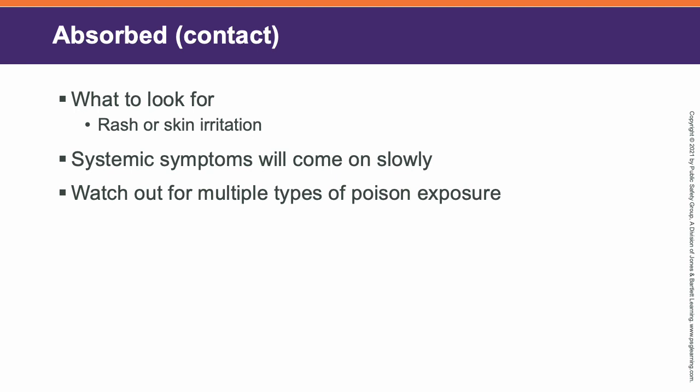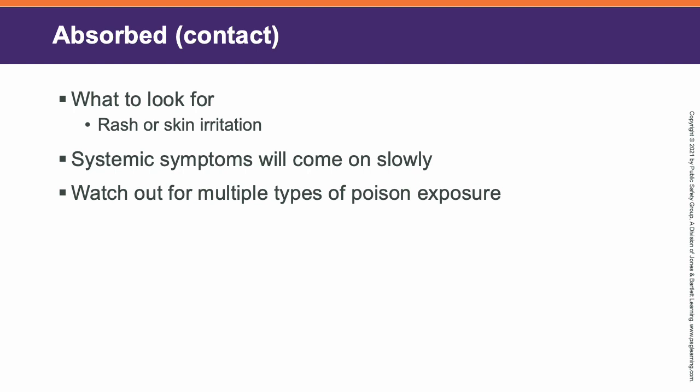But it takes a while to start to cause those full body systemic symptoms. If somebody came in contact with a poison, there is also a chance that other types of poisoning occurred. Ingestion, not very likely, injection, but watching out for those other types, or inhaled poisons as well, right? If they're breathing in the fumes of whatever it is, that can also cause issues.